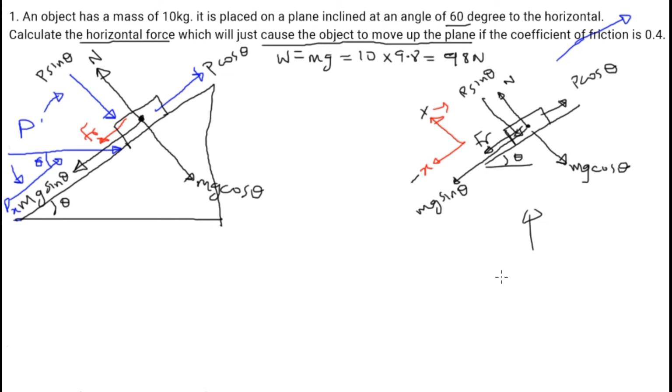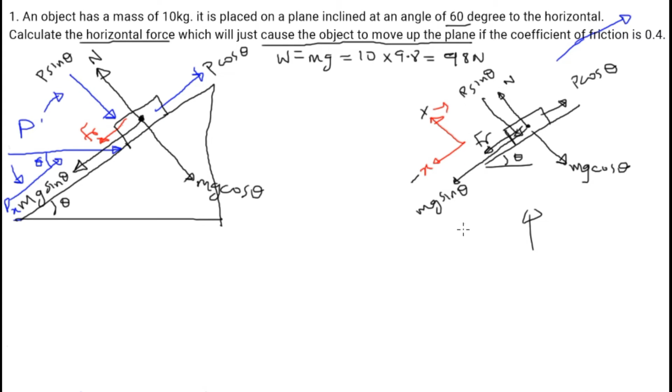That means the vector sum of the forces acting on that object is equal to 0. For the forces acting on the y-axis, there is no acceleration because it is not recorded in the question that the object jumps; the object is moving on the inclined plane, so we record the acceleration along the inclined plane.